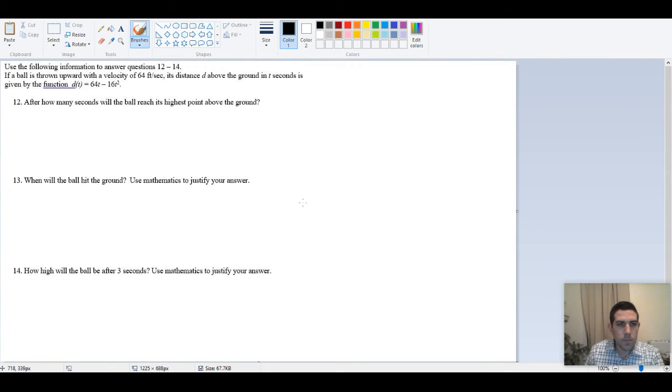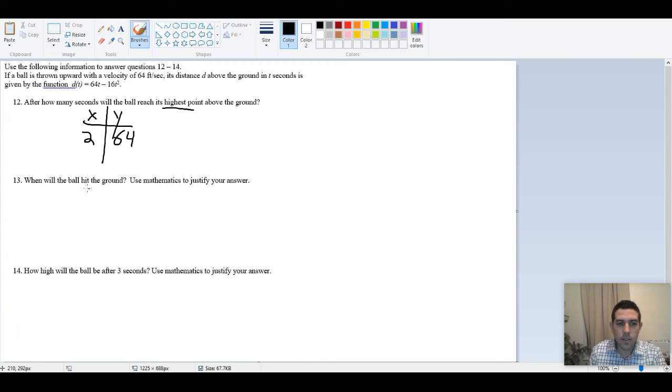Now the back page. This problem was pretty simple for most people. We put it into the calculator and just followed a table. The table said that after 2 seconds, it would be at its highest point of 64. So you had to understand that the highest point was the vertex and how to find it on a table. I think everybody got that, 2 seconds.